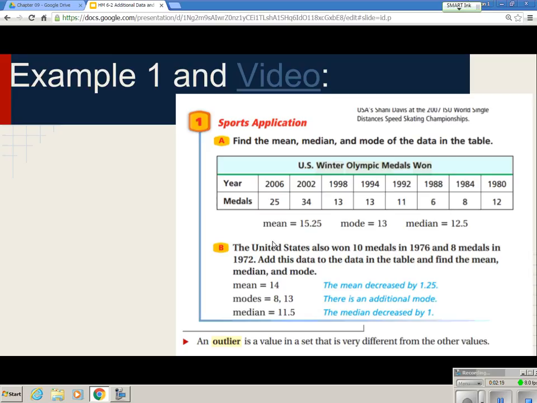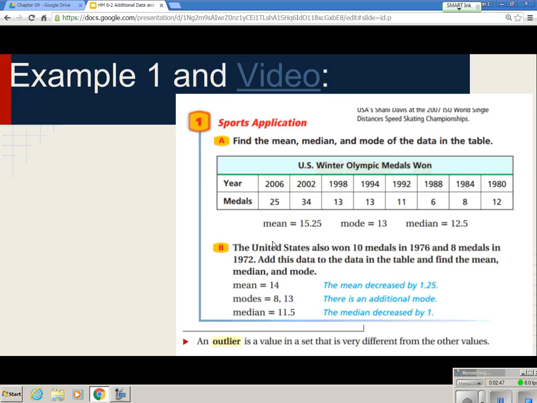Well, the United States, if we add this in, also won 10 medals in 1976 and 8 medals in 1972. So if we added 2 more spaces to that table, you'd be able to put those in. Now when you add the data to the table, find the mean, median, and mode. When you do this, you find out that we actually have changes in all the areas of mean, median, and mode.